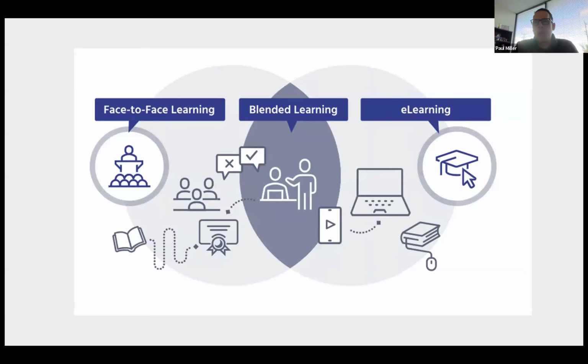In the environments in which we serve, so face-to-face learning, blended learning, and e-learning, the significance of human-centered design in digital learning is really, really key. It allows us to meet the diverse learners' needs of the students whom we serve, right? And again, we can do that through multiple means of engagement, multiple means of representation, learner agency, all of those things that we'll talk about here in a little more detail.